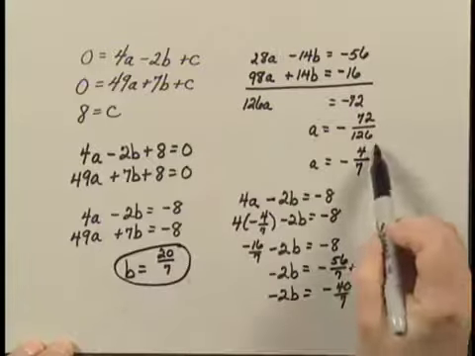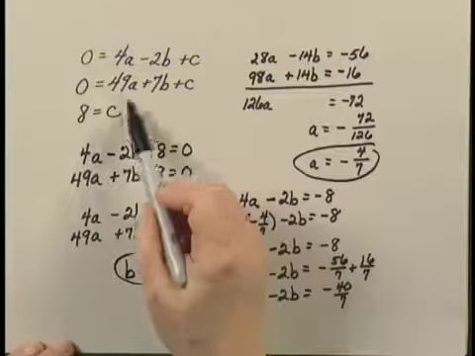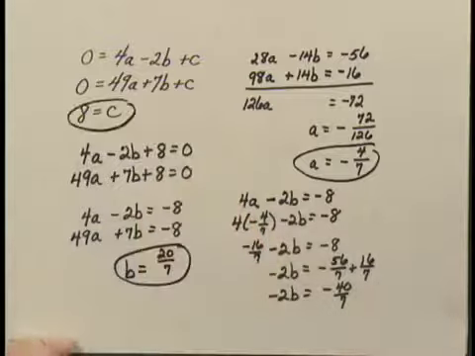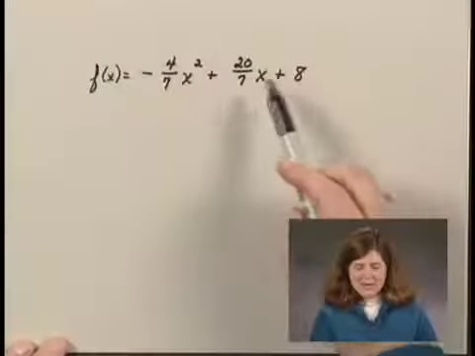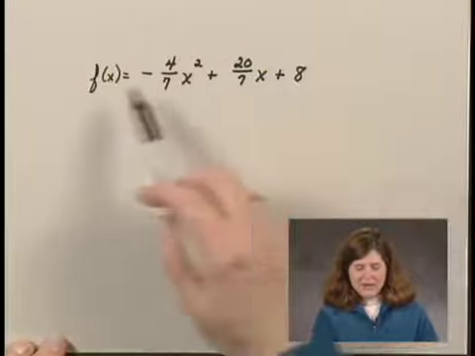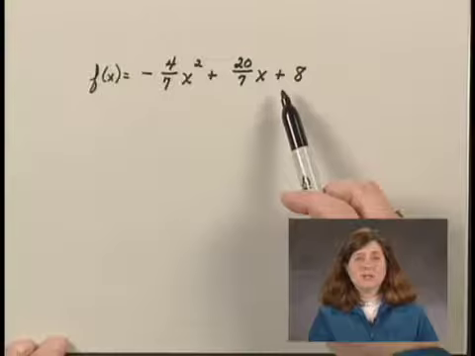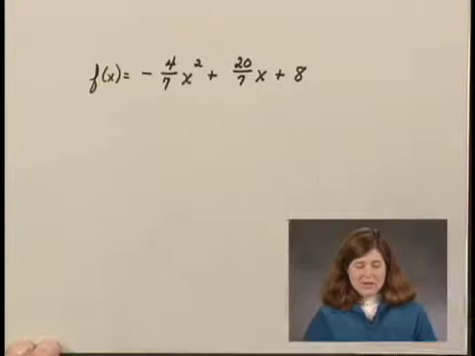I have the value for b, the value for a, and the value for c, so we can use those values to write the quadratic function. We substitute -4/7 for a, 20/7 for b, and 8 for c, and we have the equation of the quadratic function.